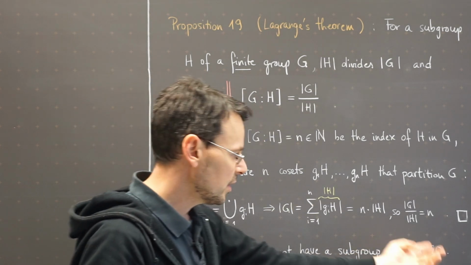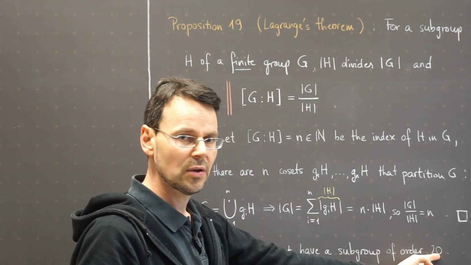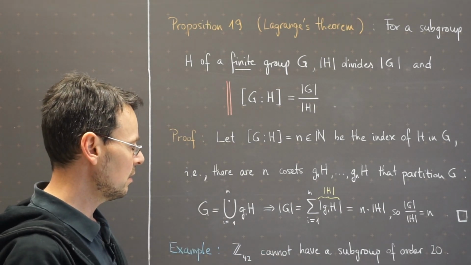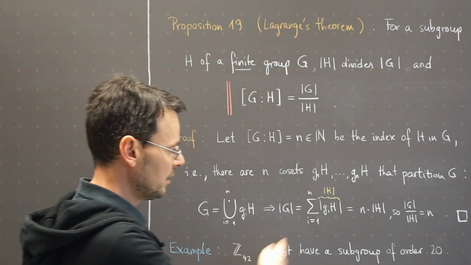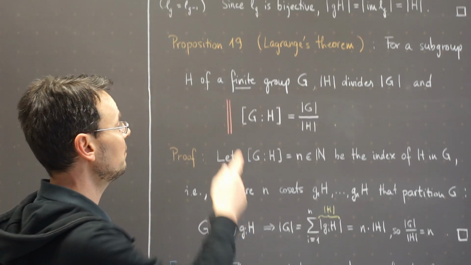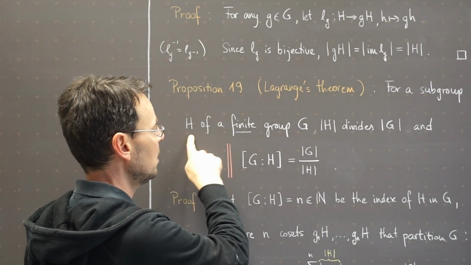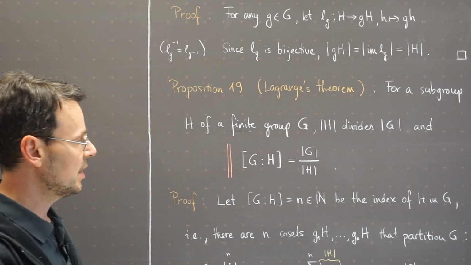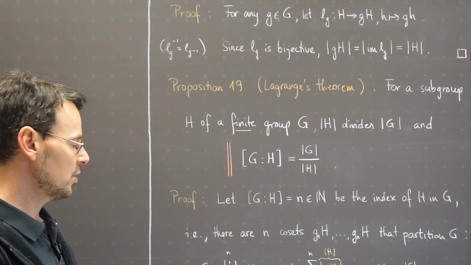Then, for example, the number 20 is not a divisor of the order of this group, 42. So Lagrange's theorem asserts, well, then there can't be a subgroup of order 20. Because if there were a subgroup of order 20, 20 would have to be a divisor of 42, which it is not.